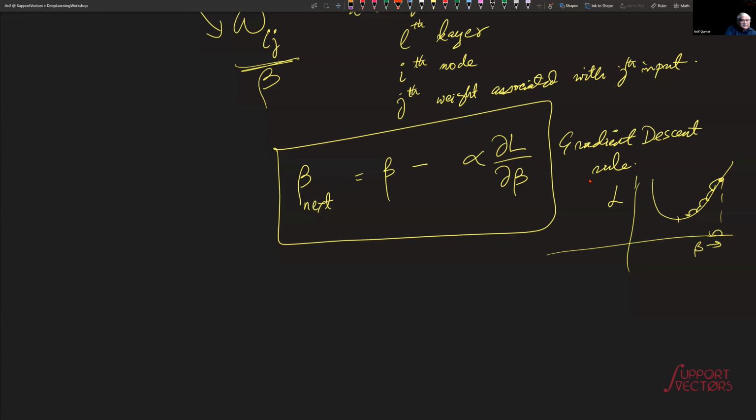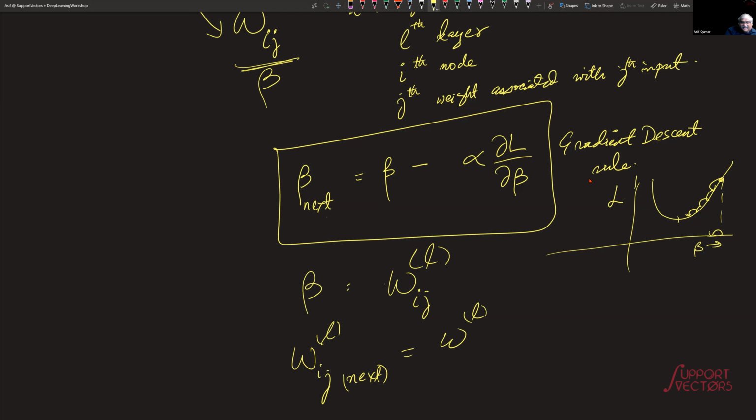It just so happens that there are many betas in a neural network. It's just complicated. It is w_ij of the Lth layer. So the next value of w_ij of the Lth layer is the value that was there before we applied a bit of learning, minus alpha times the derivative of the loss with respect to exactly this, the existing value of the weight.